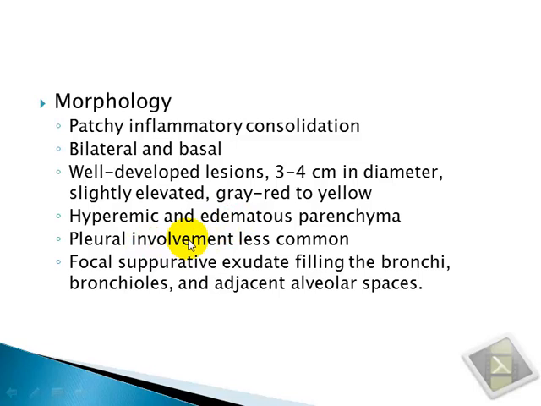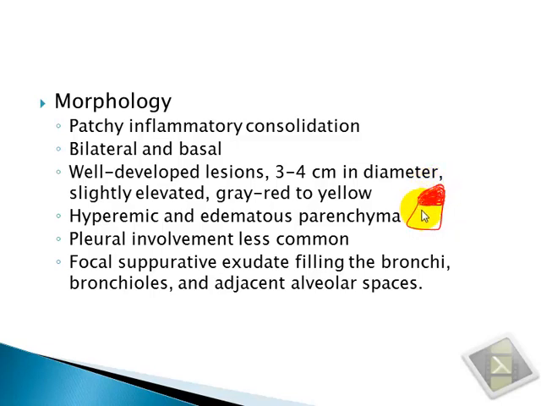Having said that, why is pleura involvement less common? See, lobar pneumonias are going to affect a lobe, any lobe. So the whole of the lobe is involved. When the whole of the lobe is involved, you cannot really expect the pleura to be spared.